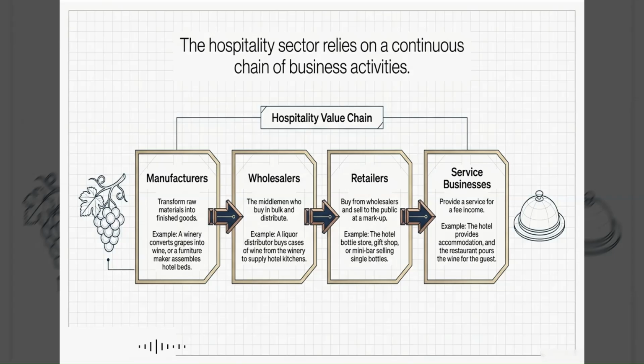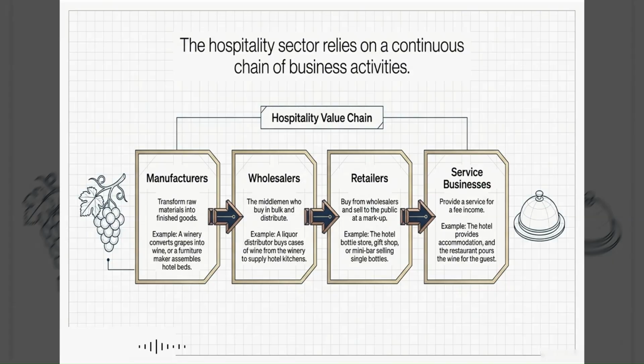And raw materials are not always raw in the everyday sense. A bakery's flour has already been processed by a mill. A hotel kitchen is genuinely a manufacturing operation. It converts ingredients into plated dishes.